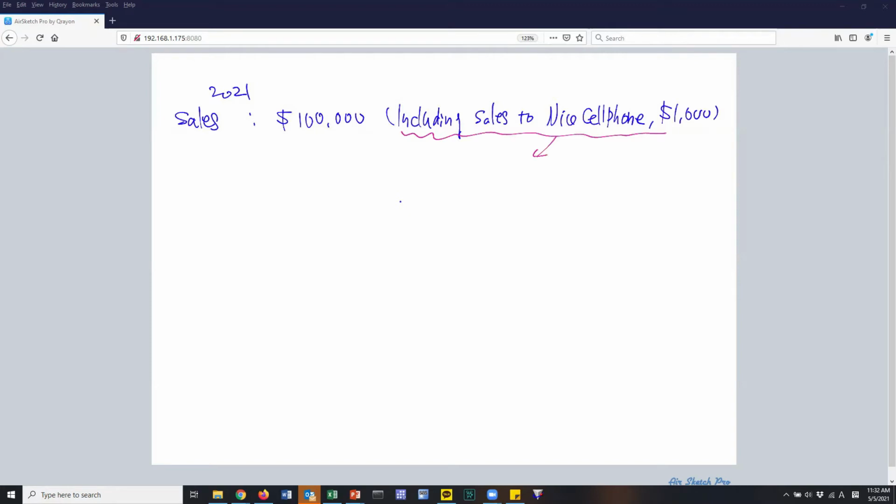It should be cash, $1,000, and sales, $1,000, right? But let's say that Nice Cell Phone says, oh, we don't have much cash, so can we use our credit with you, saying accounts receivable?